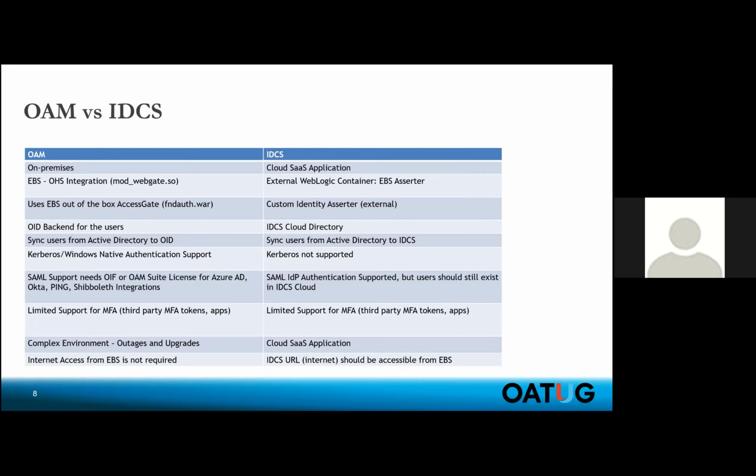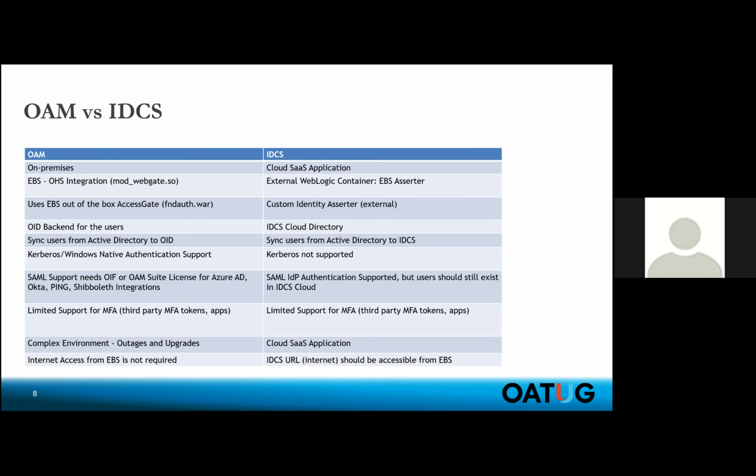OAM runs on WebLogic and runs on an Oracle database as a backend. Of course, you have OID behind OAM, and that's completely on-prem. You don't have any components in the cloud for OAM. But when it comes to IDCS, we do have the SaaS application in the cloud.